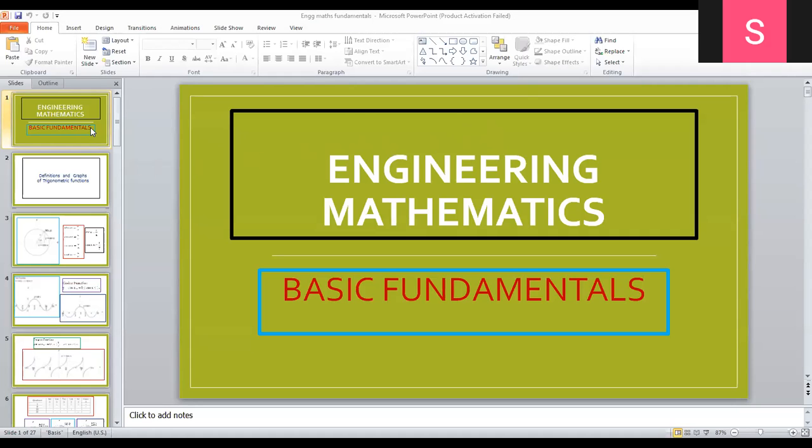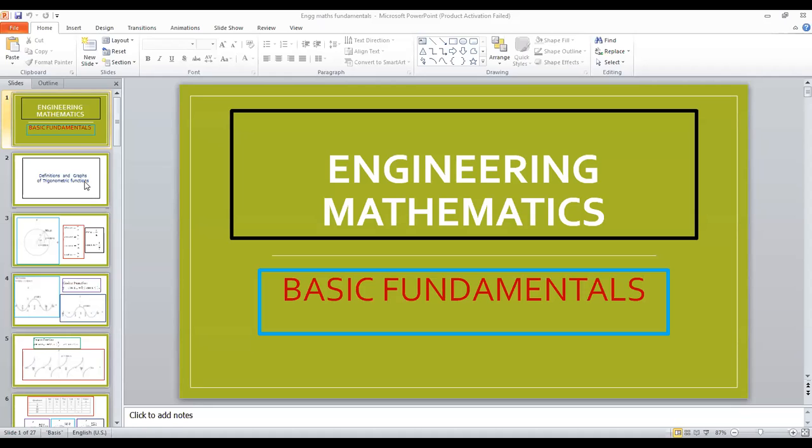Now, in this session of our subject, engineering mathematics, first we have to learn the basic fundamentals. Those you have already studied in the 12th standard. So, what kind of basic fundamentals have you studied there in 12th standard?